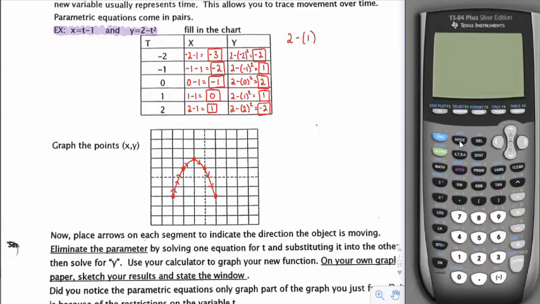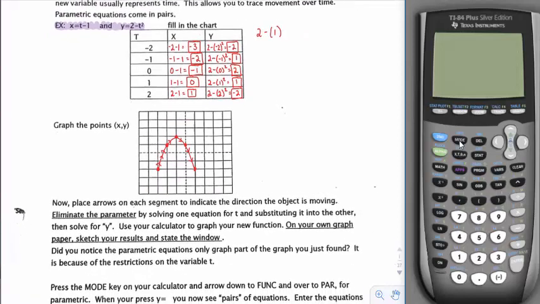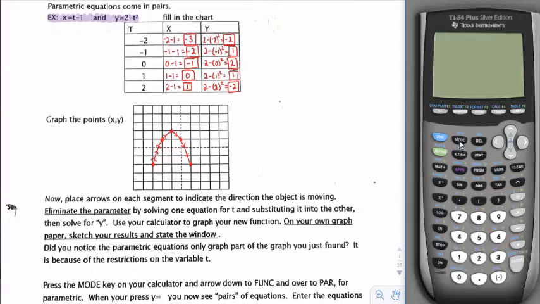So when you graph this, obviously only limit your graph to the parameters that you're given, and also include the arrows in your graph that say the direction that this graph is traveling in, and that's going to represent that time. And again, you'll see that I have that written down here. It's in the paragraph already anyway. But we are going to place arrows, as I already did, on each segment to indicate the direction the object is moving.